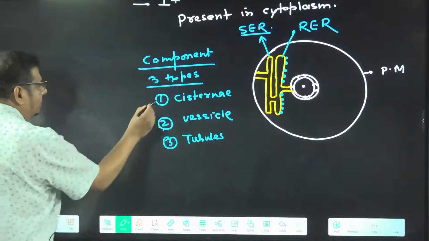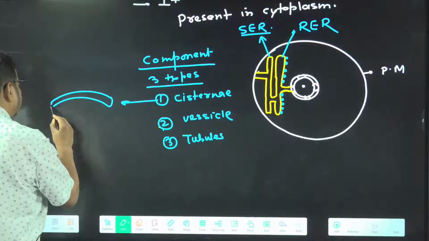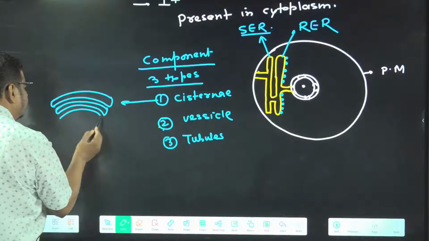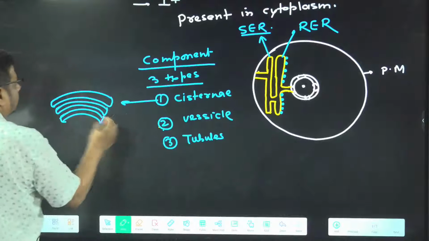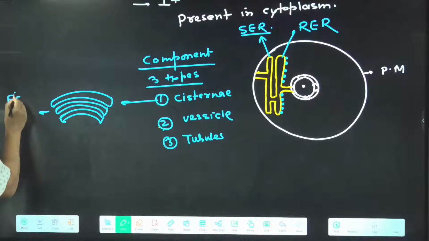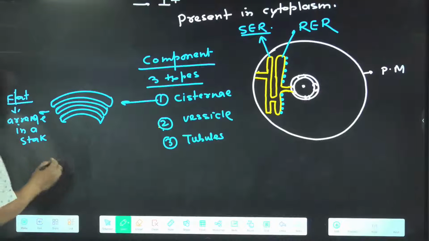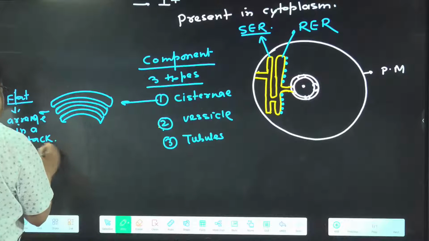If you talk about cisternae, it is a flat structure arranged in a stack. Look, these structures are flattened and arranged in a stack, one above the other.